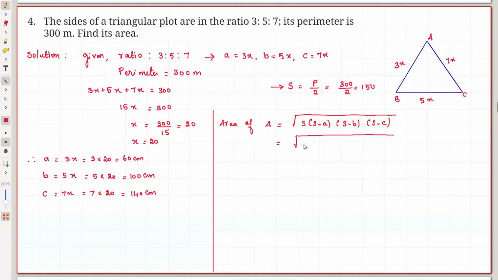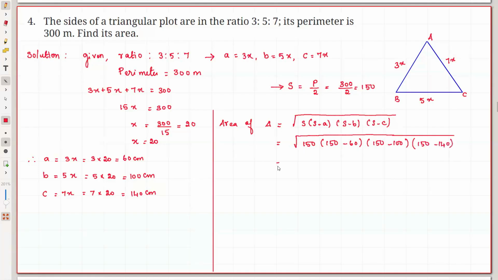Square root of S value 150 into 150 minus A value, which is 60, into 150 minus B value, which is 100, into 150 minus C value, which is 140.